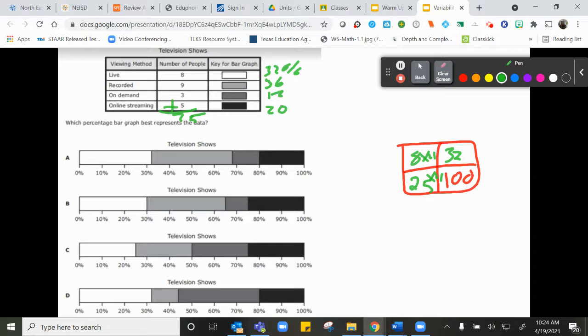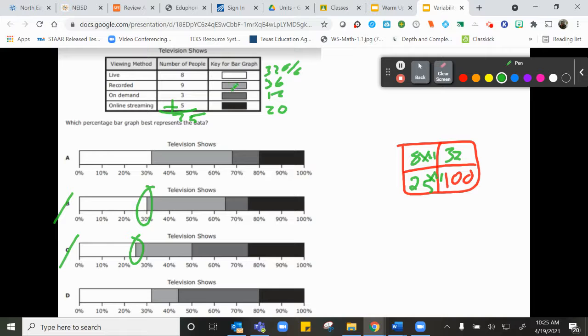So now let's figure out which answer choice matches these percents. For live, it's going to be the white bar, and I see 32%. So ask yourself, should it be exactly on 30, before 30, or a little past 30? Hopefully you said a little past 30. So that gets rid of B, because if I look, it's exactly to 30. And it gets rid of C, which is way before 30.